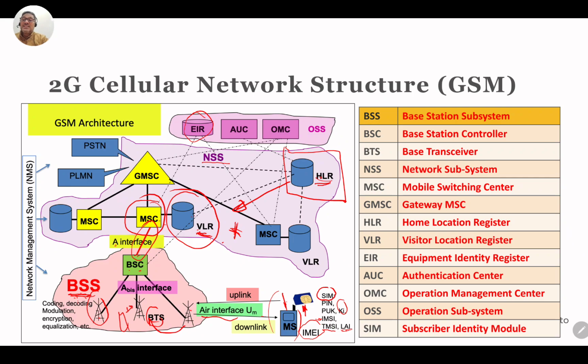In order to minimize the traffic between the base station subsystem and the core, we don't need to inform the VLR every time the customer moves from one base station to another. It is enough for the VLR to know where the user is in general. So this customer might be in a region containing, let's say, 10 or 7 base stations.